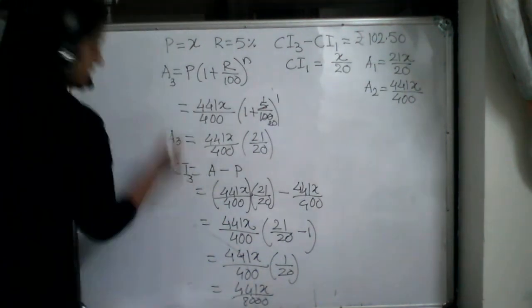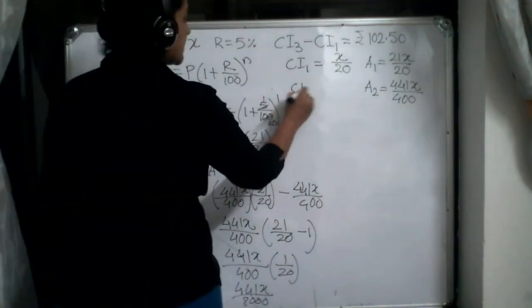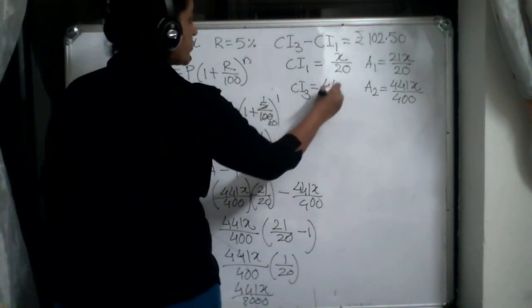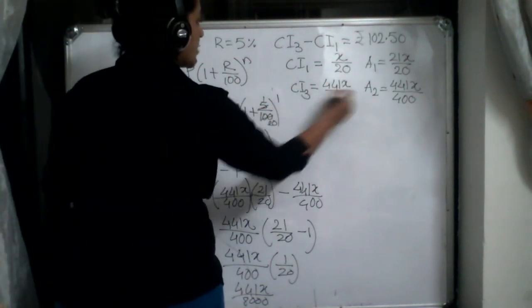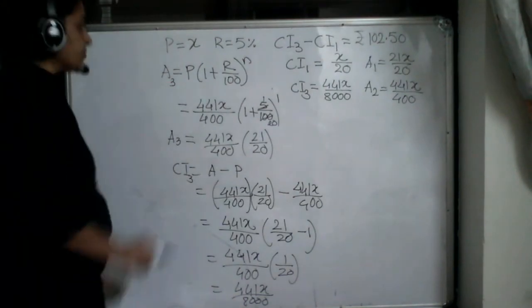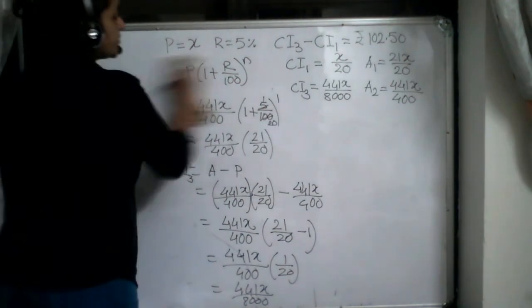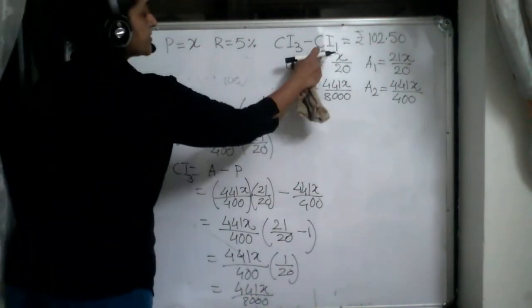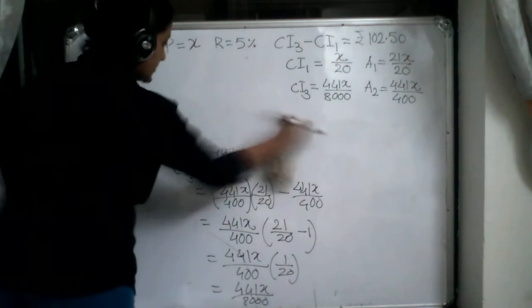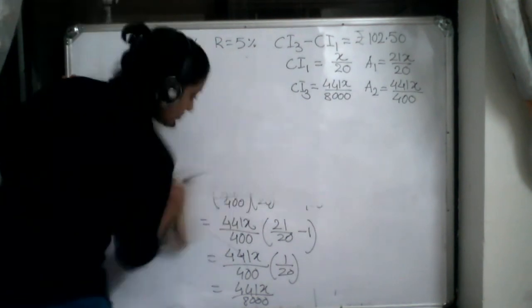CI3. So I'm writing here CI3 is equal to 441x upon 8000. Okay, now after writing this, we'll have to look into the equation given. CI3 minus CI1 is equal to 102.50. Okay, here we go.